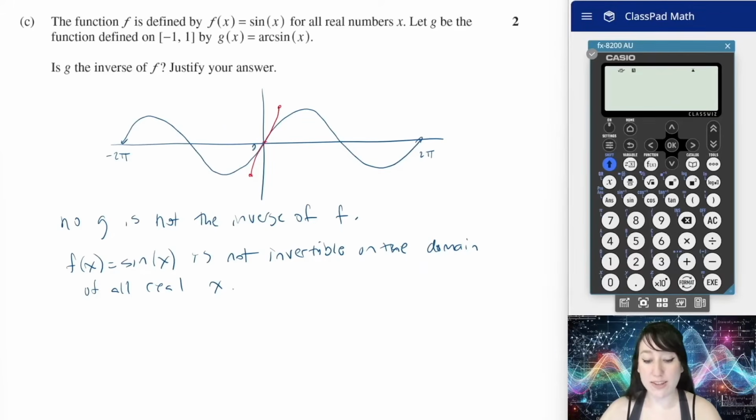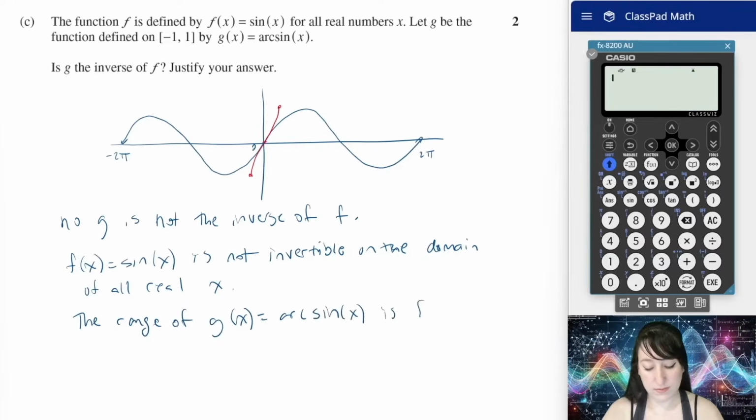Remember, the range of arcsine is -π/2 to π/2. So the domain of sine would have to be restricted to -π/2 to π/2.